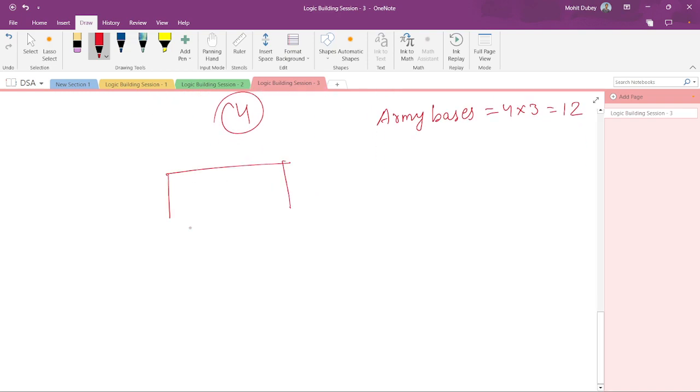I think this would be clear. Let's just keep it this way. Okay, so can I say if this is, I think, 1 2 3 and yeah, so it is 2 cross 3. 2 is rows, 3 is columns.